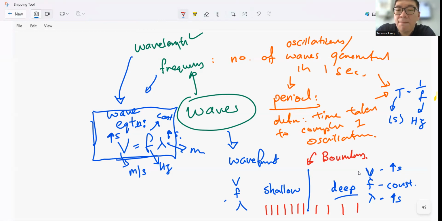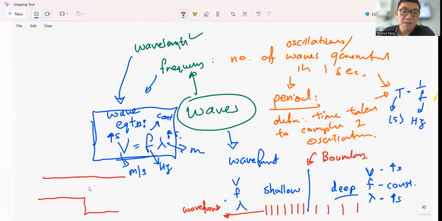So basically, think of these lines here as representing the wave fronts. Okay, these are wave fronts. All right, so think of it as if you draw the cross-sectional portion here.